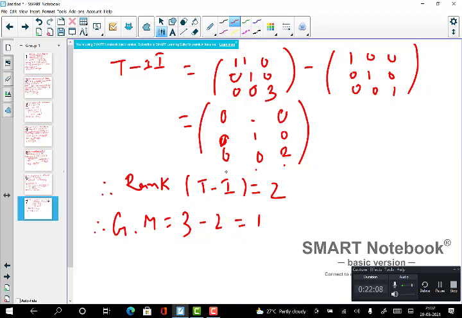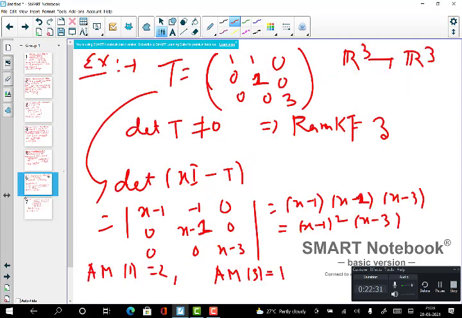So this minus this is 0, and 1 minus 0, so this is 1. 1 minus 1 is 0. 0 0, okay. But anyway, still there are two linearly independent rows, so the rank is 2 and the geometric multiplicity of this eigenvalue is equal to 1.